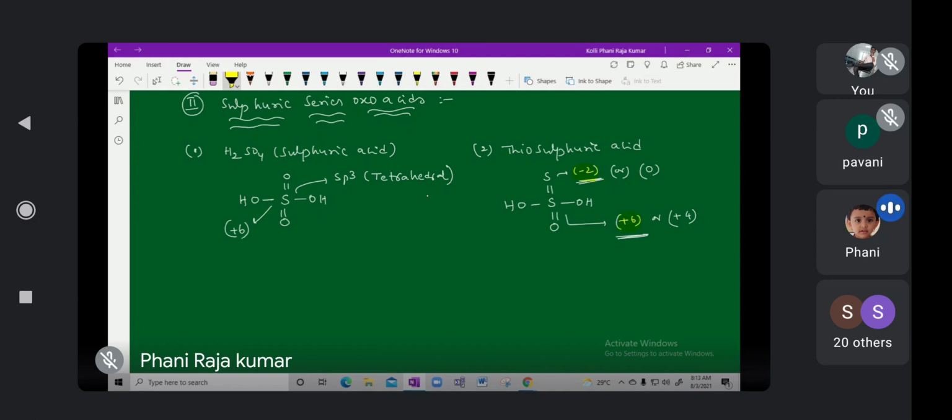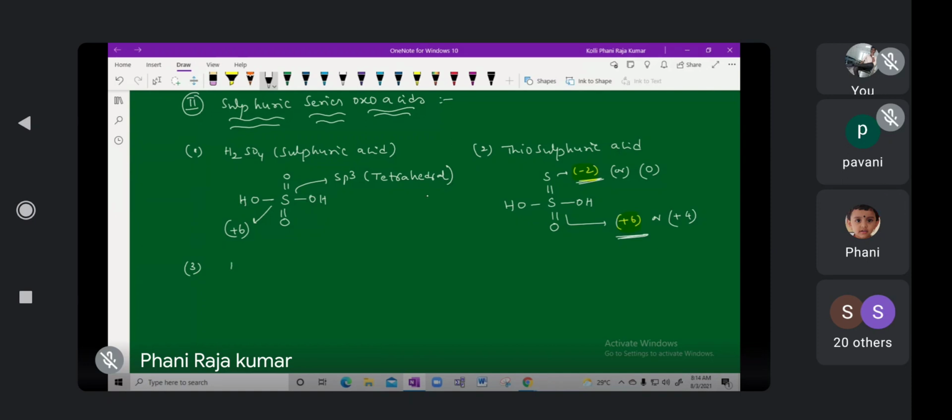First preference -2 and +6. In both cases, average no change: +2 and +2 average in both pairs of oxidation states. Thiosulfuric acid. We have an important salt also with this thiosulfuric acid. It is thiosulfate, sodium thiosulfate, called as hypo.